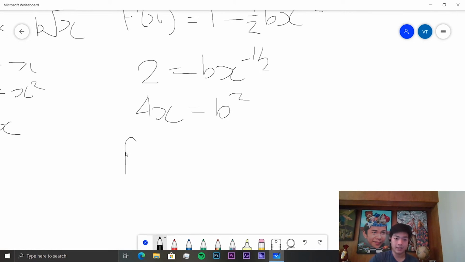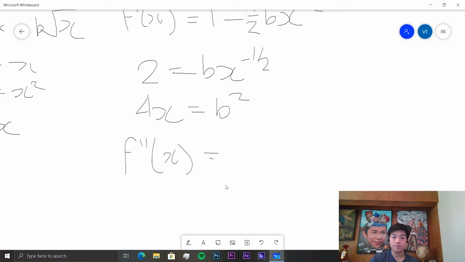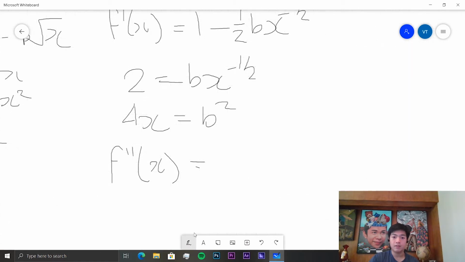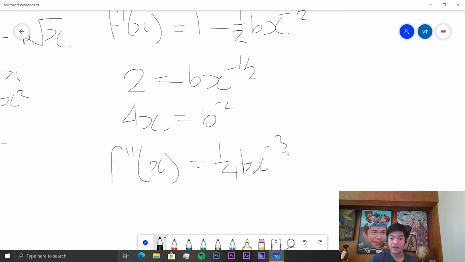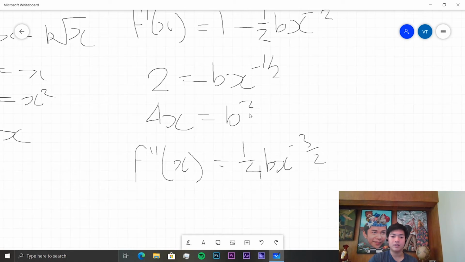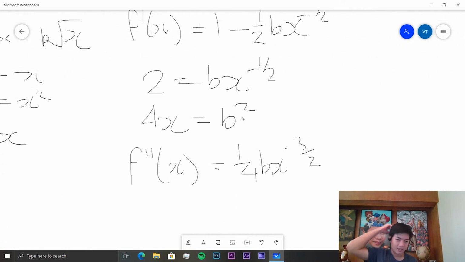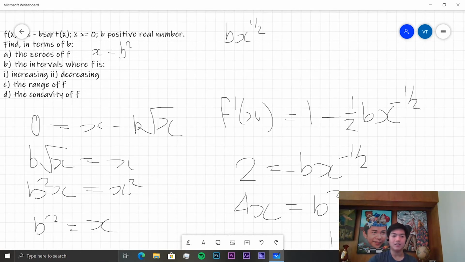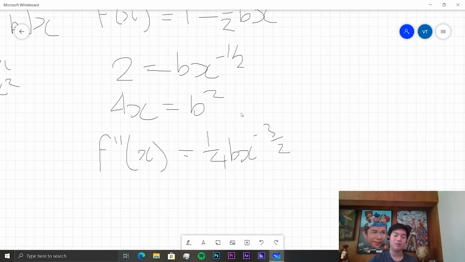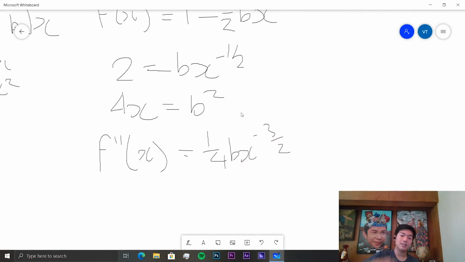And so if we get the second derivative, which is equal to 1/4 b x to the negative 3/2, and we substitute this one value in to get whether it's a positive or a negative extrema.